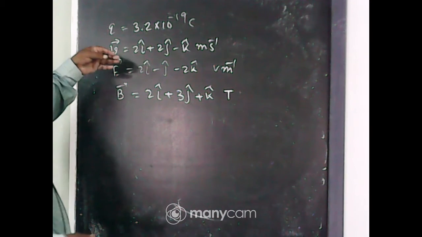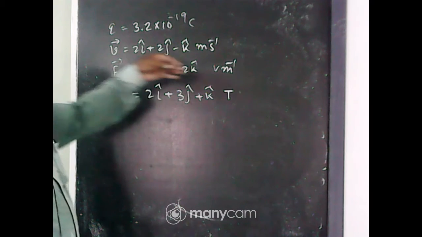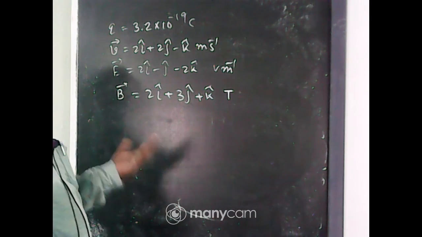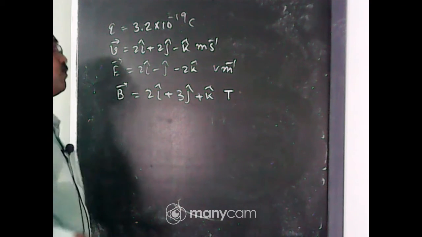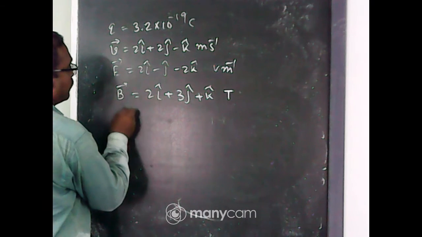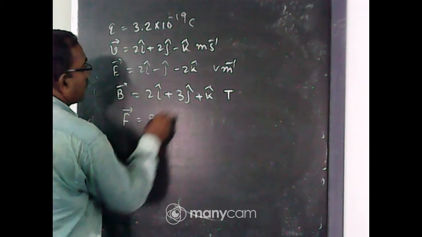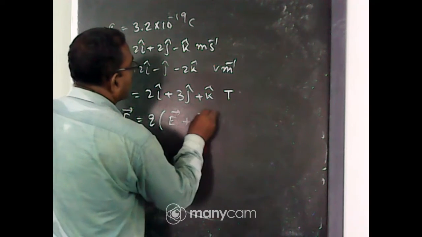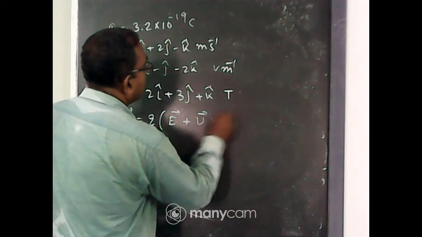A charged particle passing through both the electric and magnetic field, you know the formula is the Lorentz force. What will be the formula? F equal to Q into E plus V cross B. This is the formula.